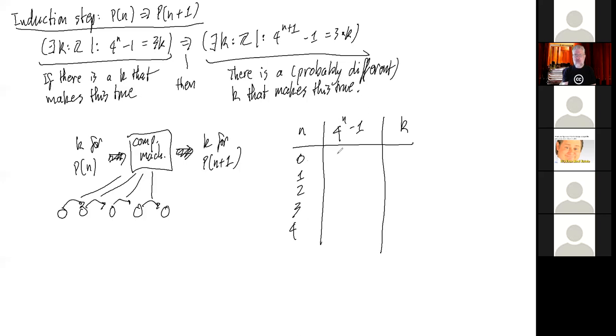So 4 to the 0 is 1. 1 minus 1 is 0. 4 to the 1 is 4, minus 1 is 3. 4 squared is 16, minus 1 is 15. 4 to the third is 64, minus 1 is 63. 4 to the 4 is 256, minus 1 is 255.